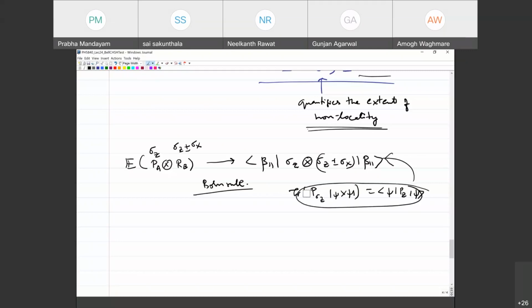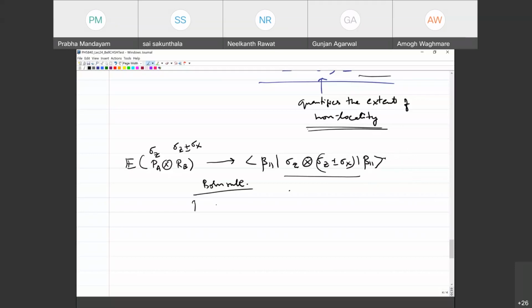But now, if you ask me to trace my steps back, this is no doubt just a function of P and R, but can you write down for me a joint distribution for sigma Z A, sigma X A, sigma Z plus minus X B? These are the four observables.